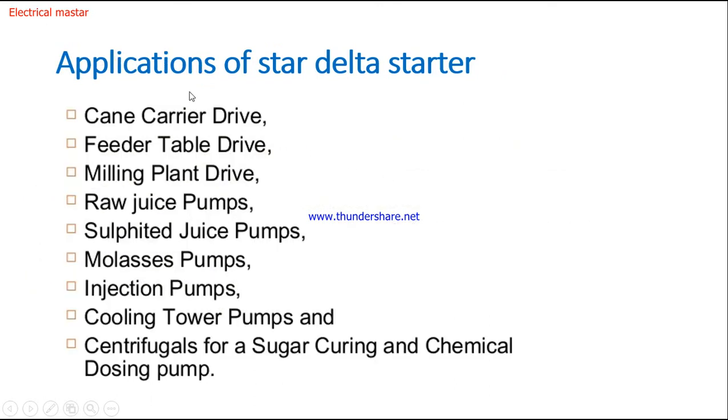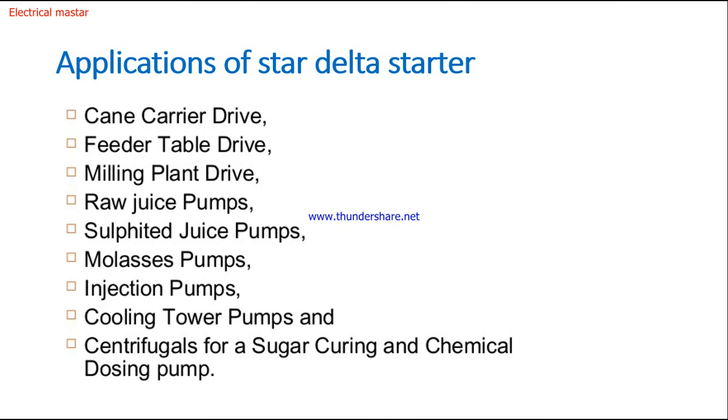Next, these are the applications of the star delta starter. I already told you this star delta starter is mostly used for low starting torque equipment. Wherever low starting torque with high HP motors is required, we can use a star delta starter. Mostly it is suitable for motor ratings above 5 to 20 HP.